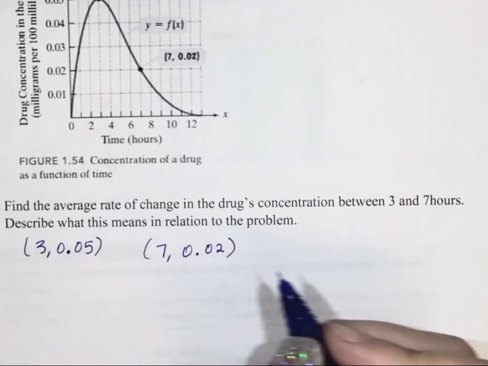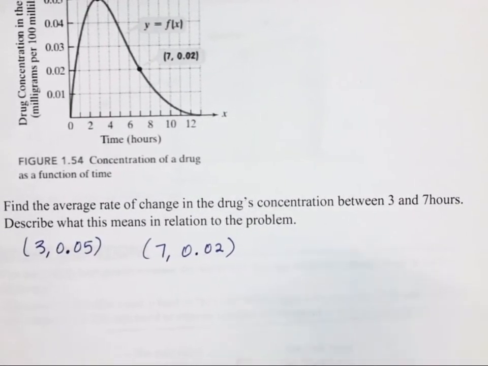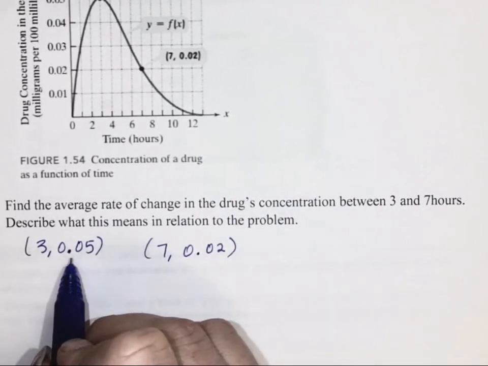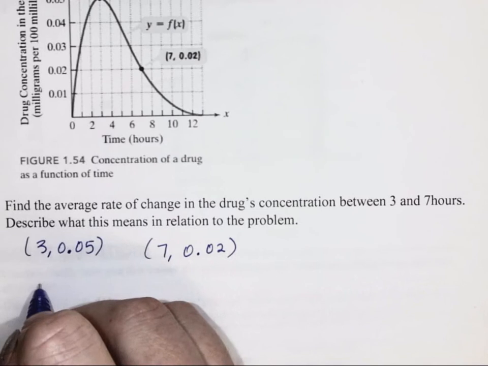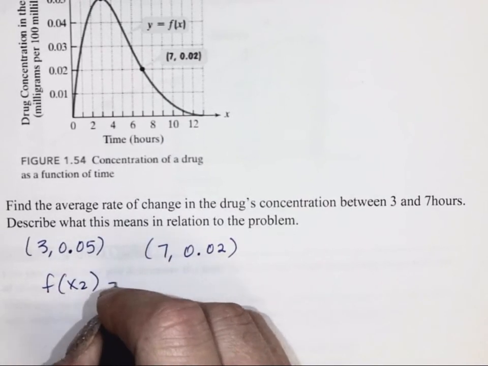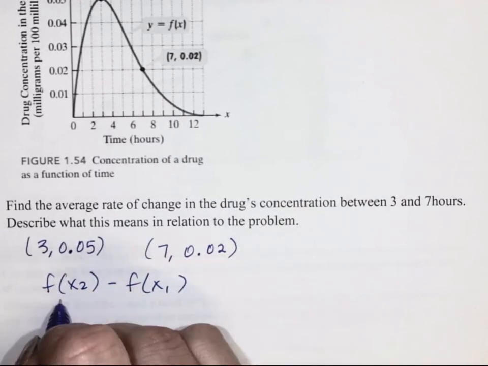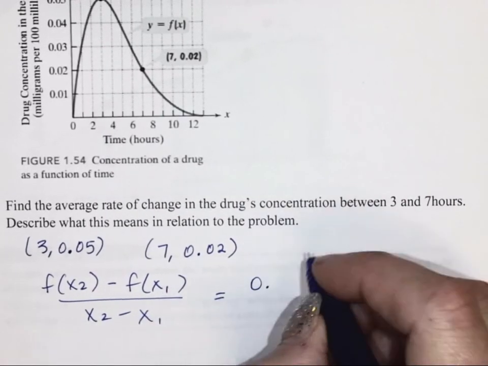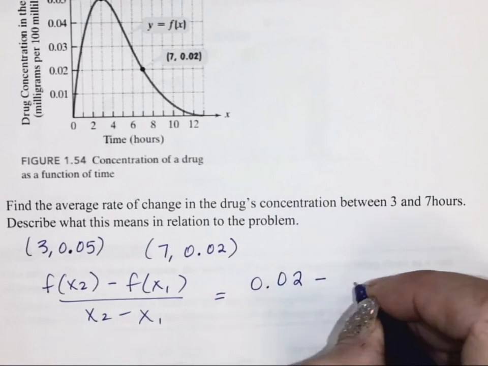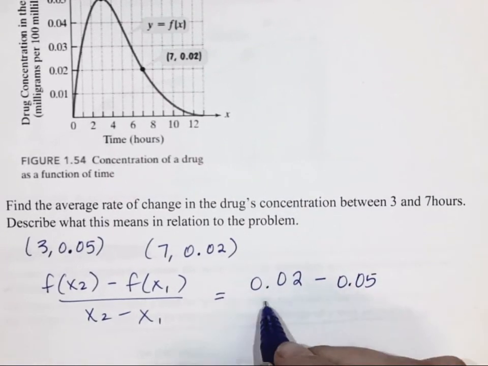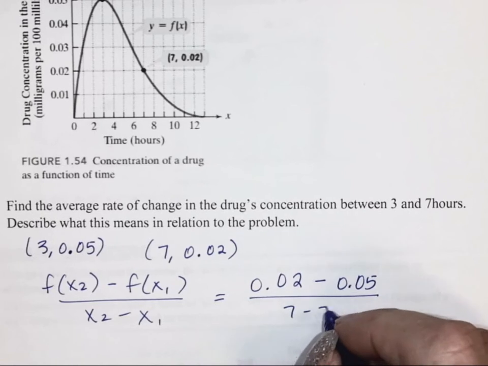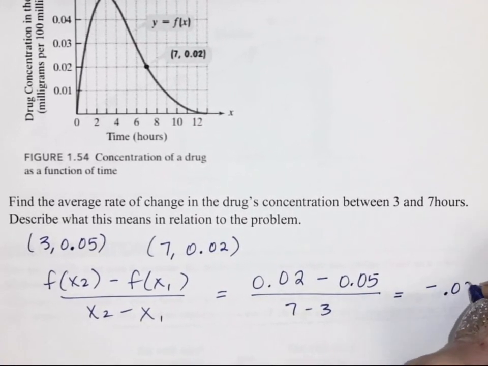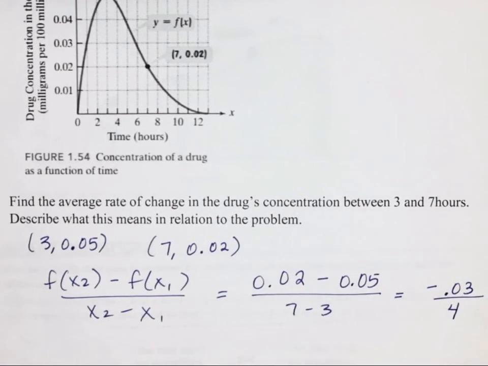To find the average rate of change, I want you to notice that you're given your y values. So f of x2 minus f of x1. So I would say 0.02 minus 0.05 over 7 minus 3. And that's going to be negative 0.03 divided by 4.